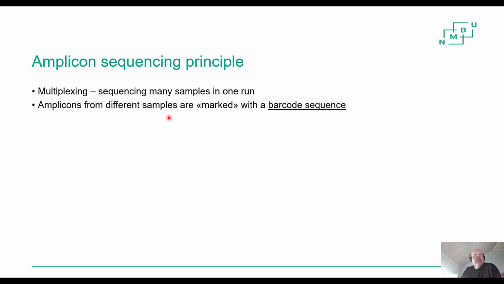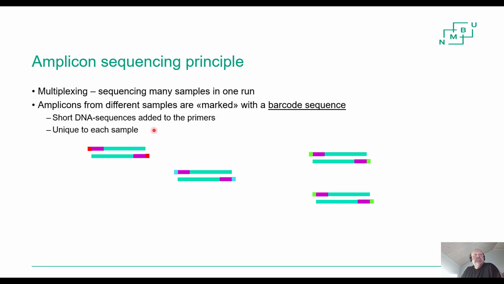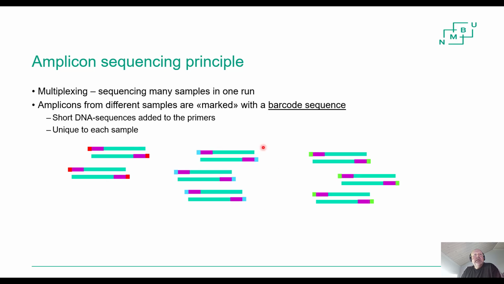And that means we have to mark the amplicons from different samples, and that is done by what we call a barcode sequence. This is simply a short DNA sequence we add to the primers. This is a technical thing that we add, and we know exactly which barcode has been added to each sample, so it's unique to each sample. And here you can then see the amplicons.